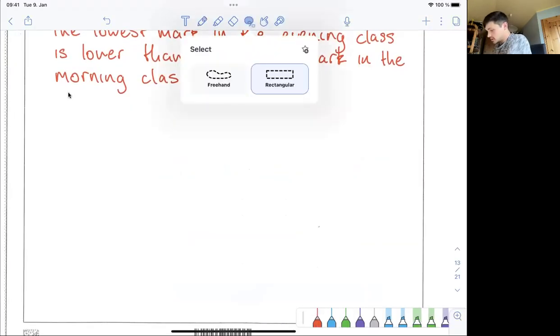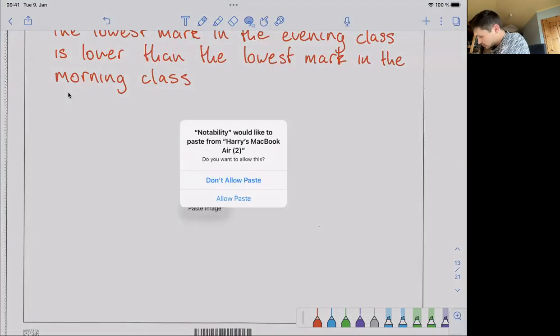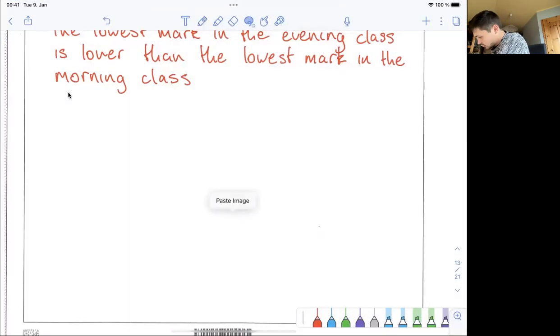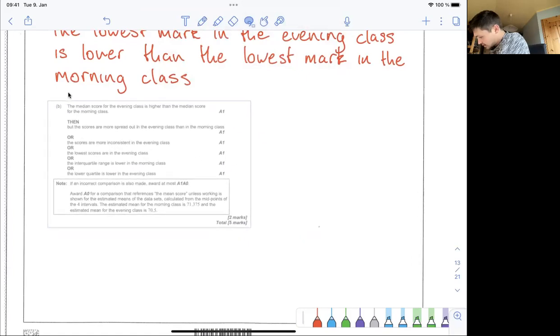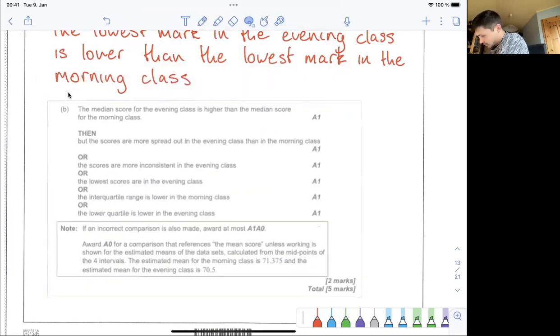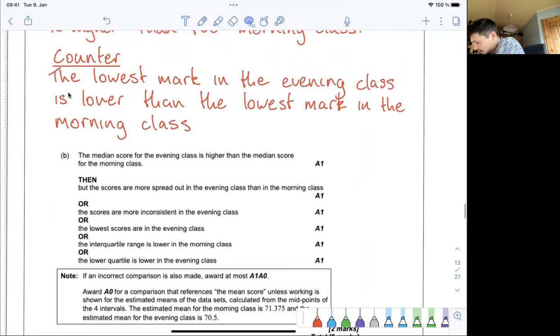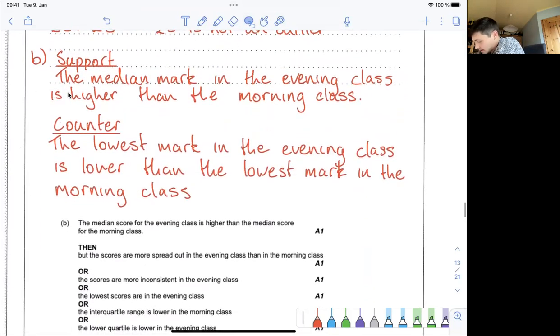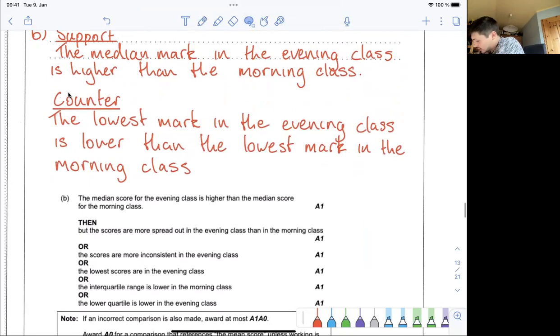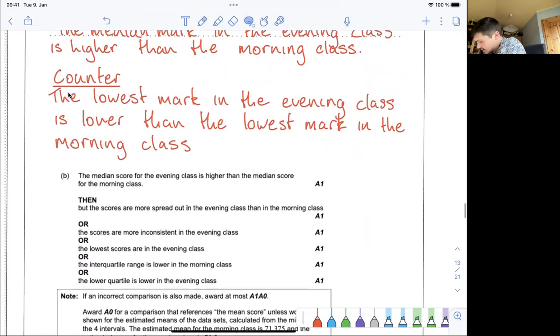All right. So the median mark in the evening class is higher. That's the only one we said.